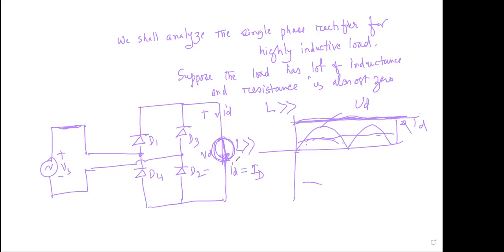Okay, we have a motor load. Suppose you are using a DC motor, and this DC motor has a lot of inductance, so the current will be almost constant. A very large DC motor will have these characteristics.